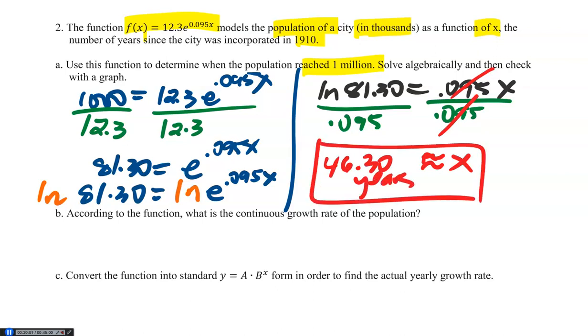So that is when the population reached 1 million. We started in 1910, so it's 1910 plus 46.30. So that is approximately 1956 to 57.